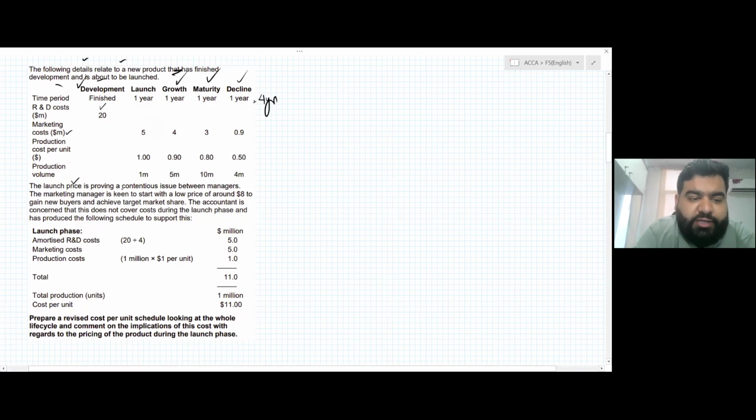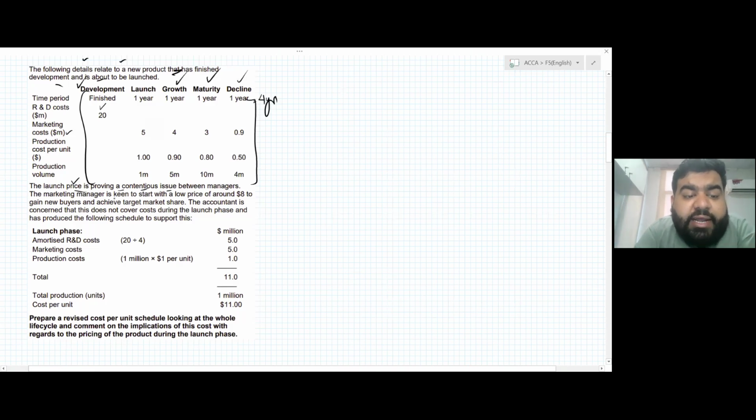The launch price is proving a continuous issue between managers. Actually, this is the complete cost, and these are the cost scenarios. But the launch price, at which price we have to sell, is proving a contentious issue between managers.